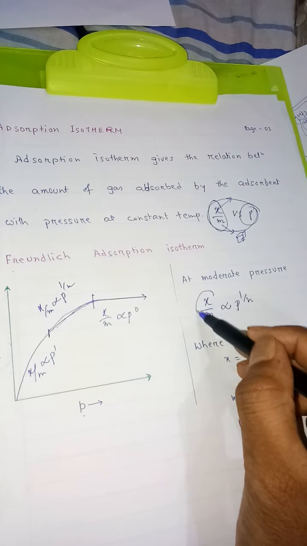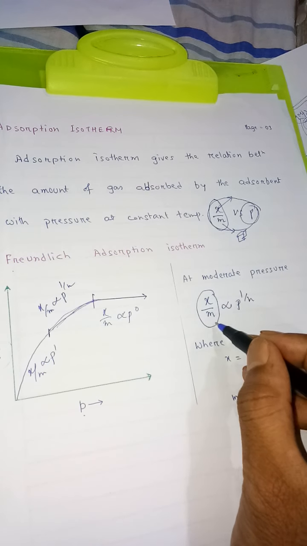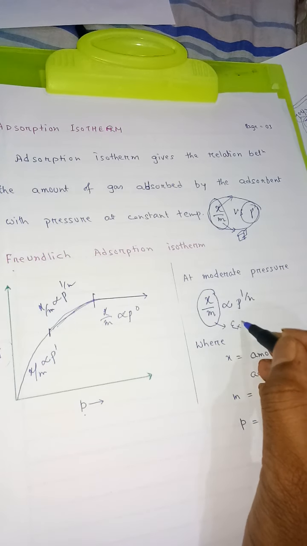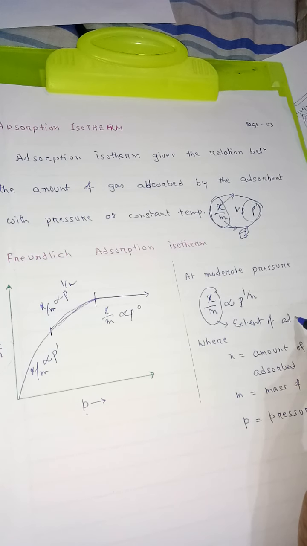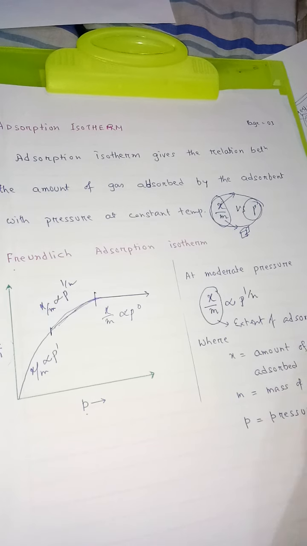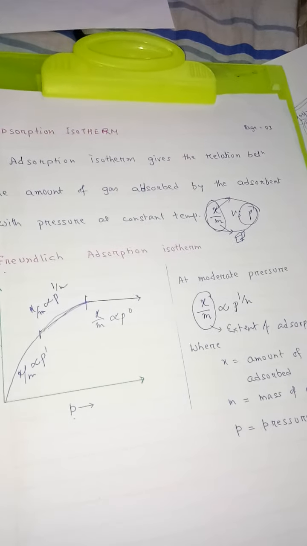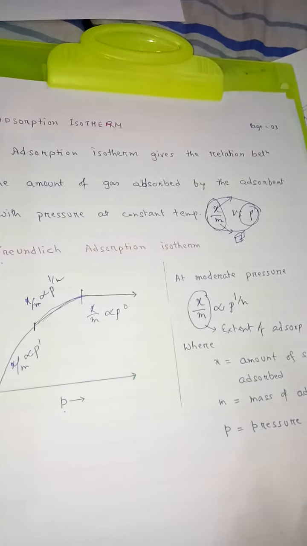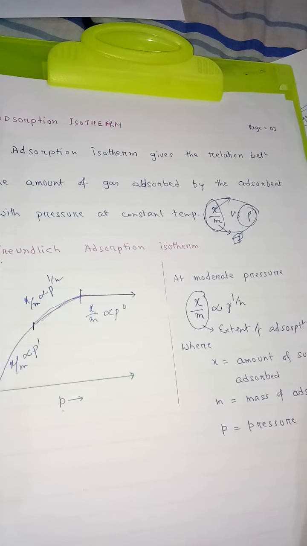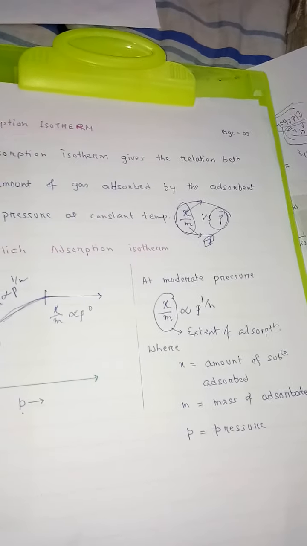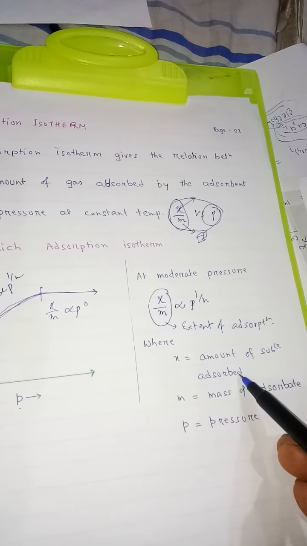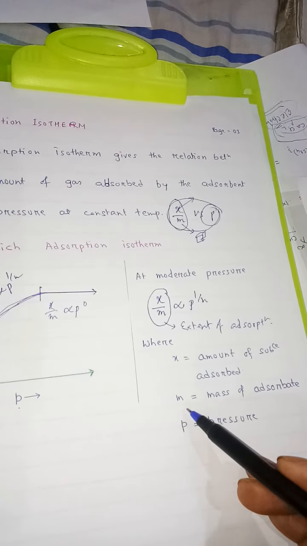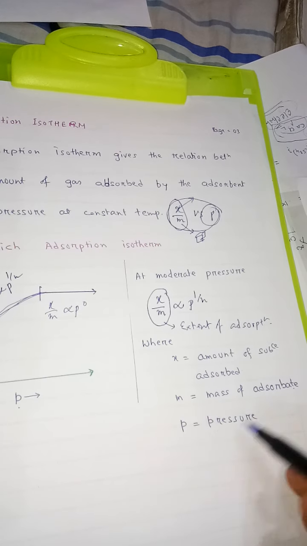This x by m is also called extent of adsorption. Let us know the terms, where x is the amount of substance adsorbed, m is the mass of the adsorbent, p is the pressure.